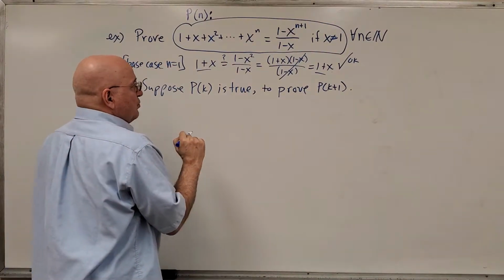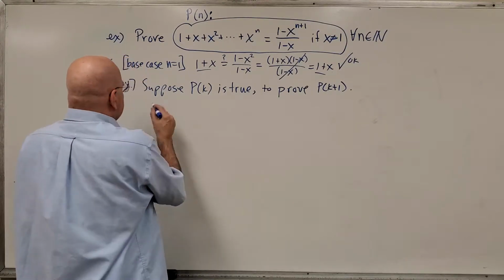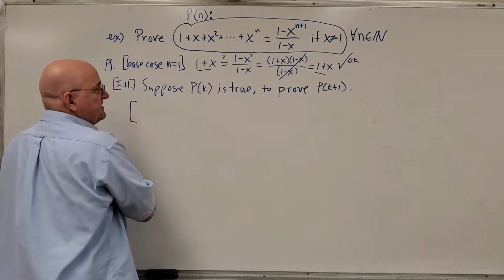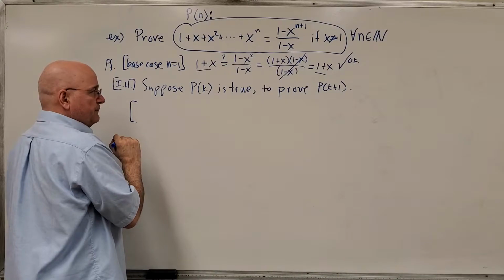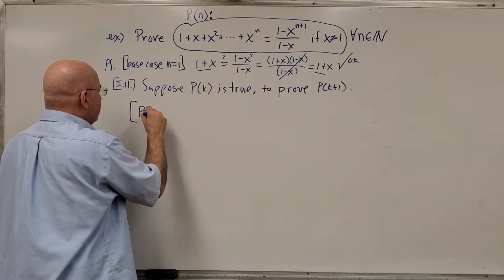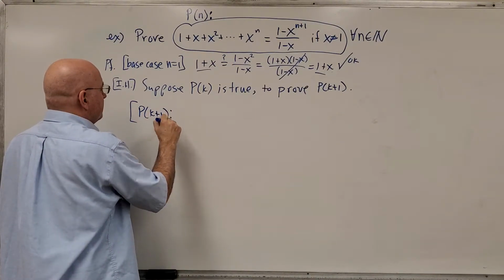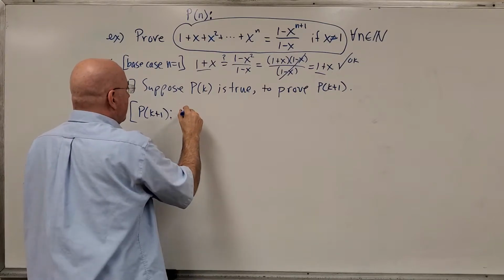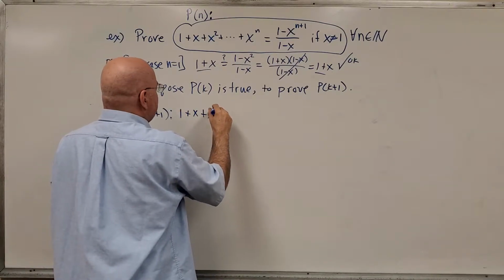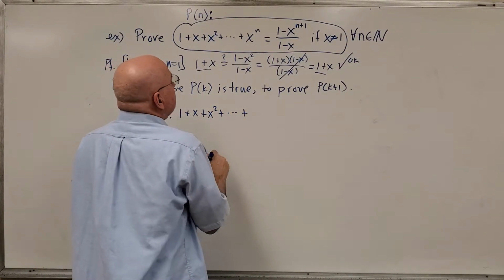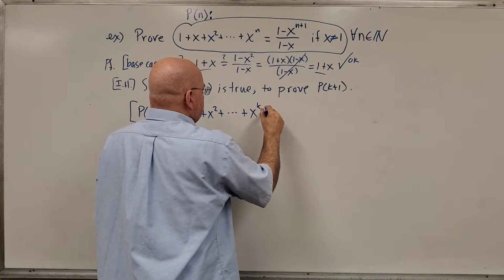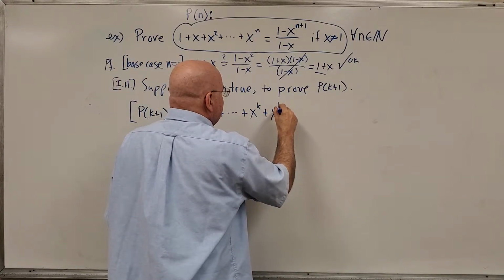Okay, Pk plus 1, I'm going to write it down in brackets here just so we know what we want to prove. Pk plus 1 is the statement 1 plus x squared plus up to x to the k plus x to the k plus 1.